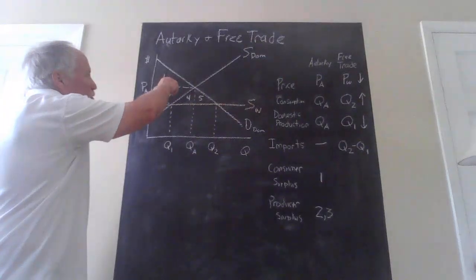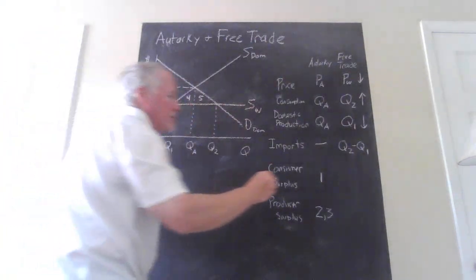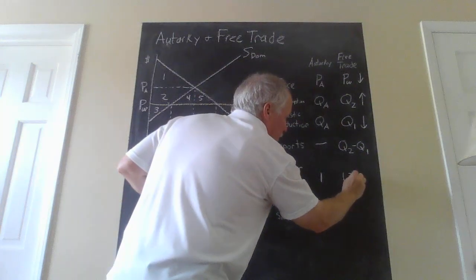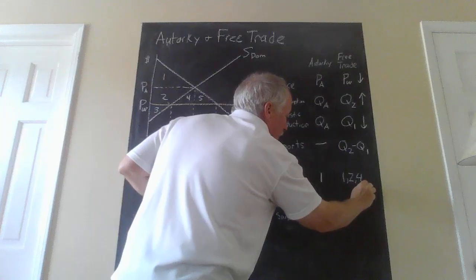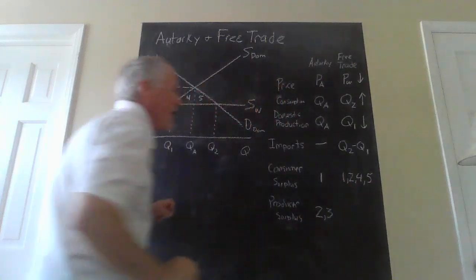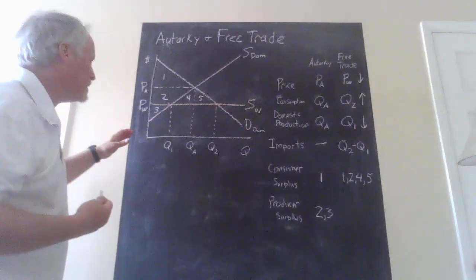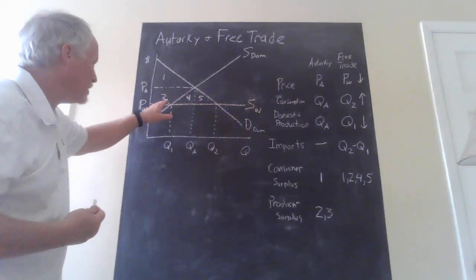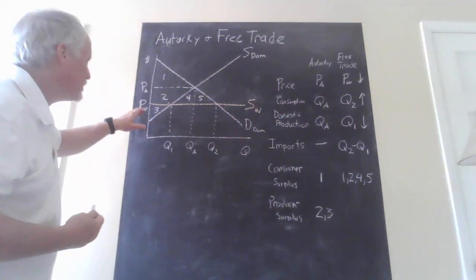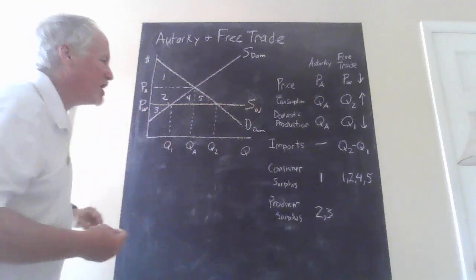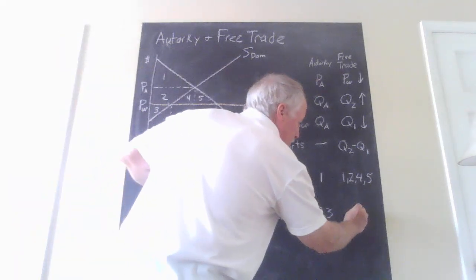So that would be areas 1, 2, 4, and 5. And then we've got producer surplus. That's the area that's below the price and above the supply curve. Here the supply curve is for the domestic suppliers, and that's just area 3.